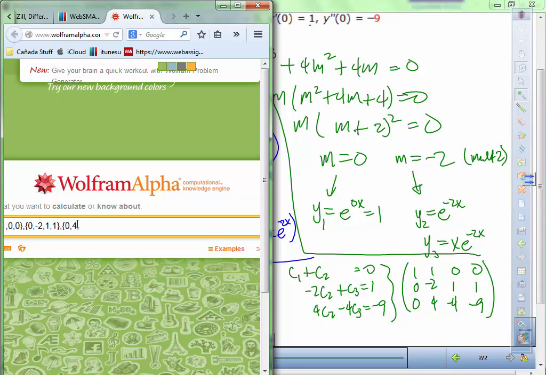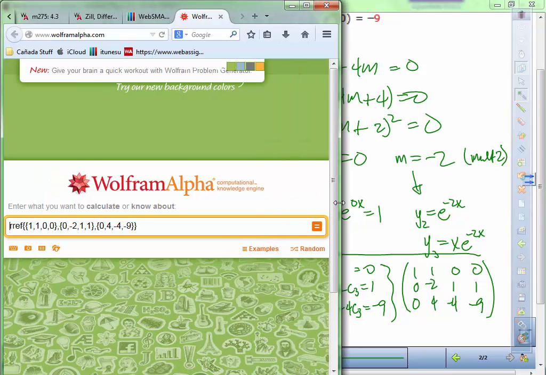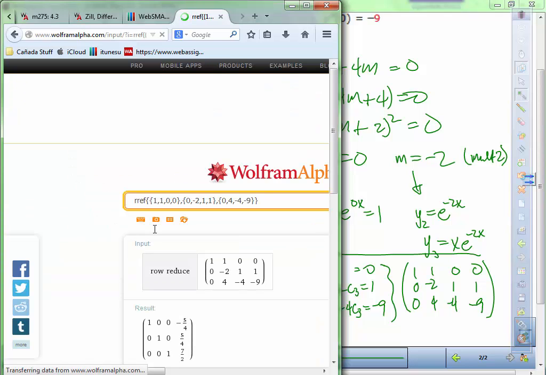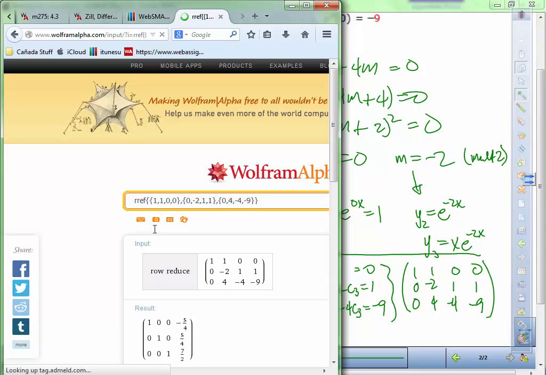Using Wolfram Alpha, we have this row reduce thing, and I get these numbers.